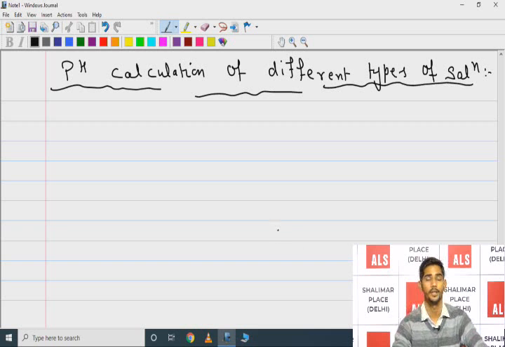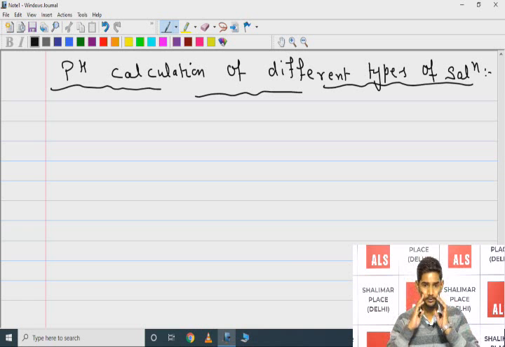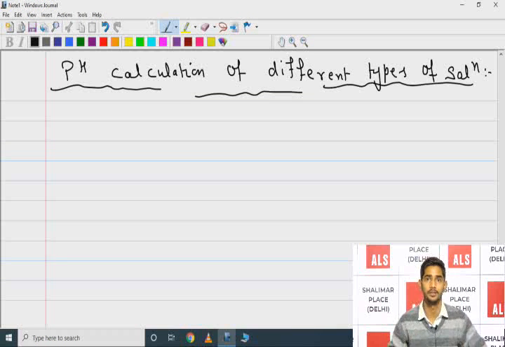We can have various types of solutions, and we need to determine the pH of those solutions. Ultimately, the chapter will wind up when we have covered all these types of solutions.